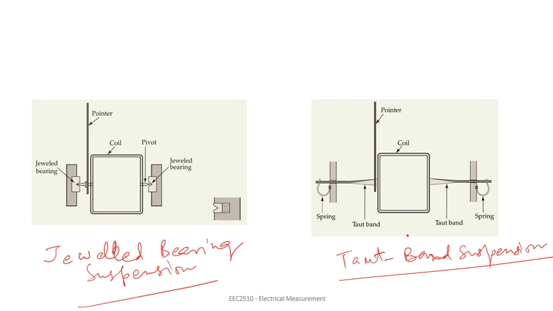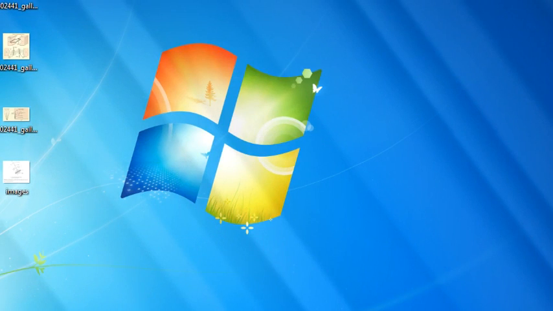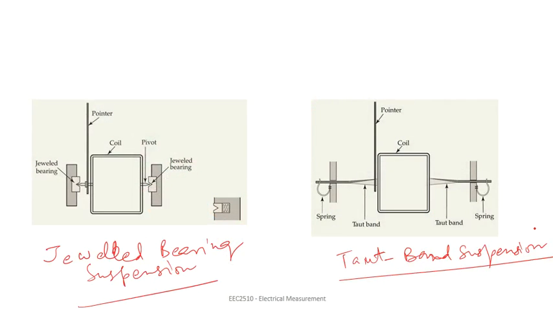In the jeweled bearing type of suspension, which is shown in the left figure, the pointed ends of the shafts or pivots, which are fastened to the coil, are inserted into these cone shaped cuts. You are seeing here these cone shaped cuts.